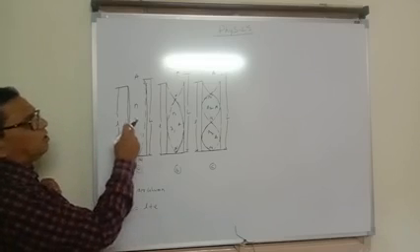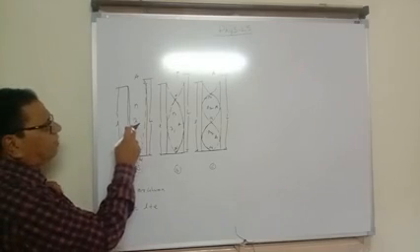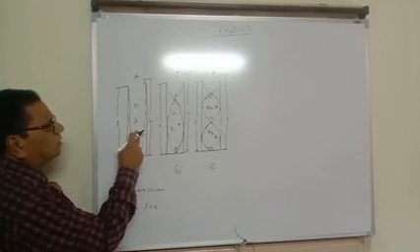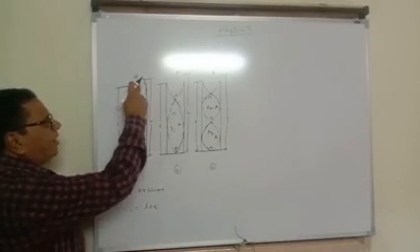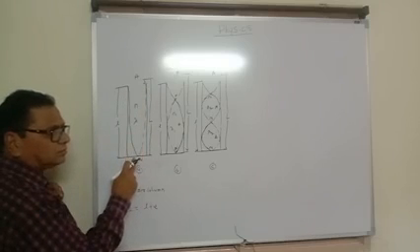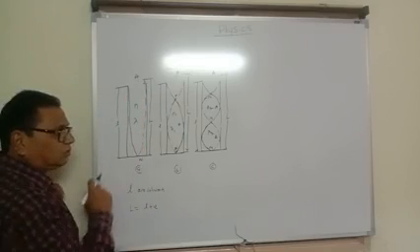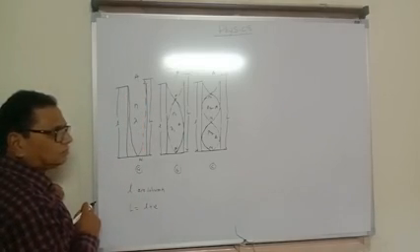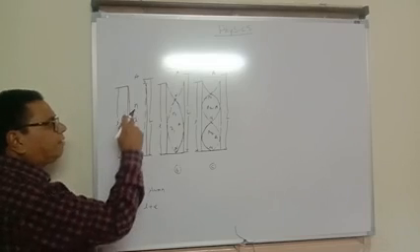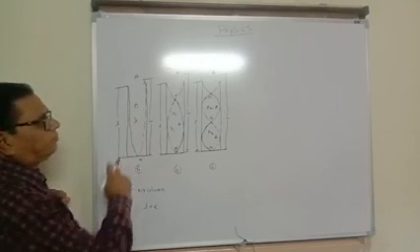In the simplest mode of vibration, in figure A, one antinode and one node are formed. Let n be the frequency and lambda the wavelength of the wave.